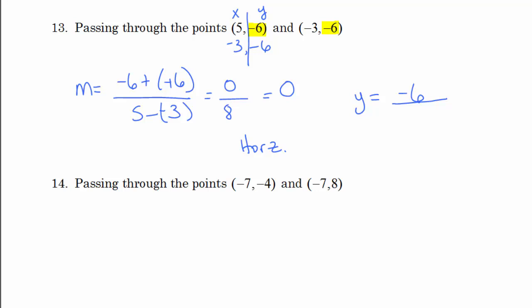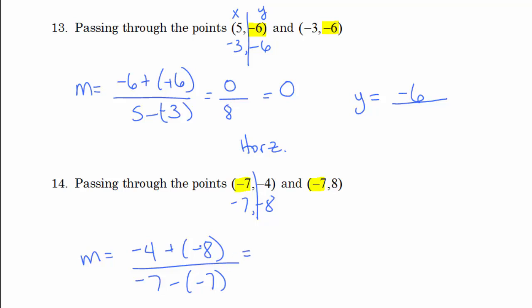Look at number 14. What's the same here? The x's. Do you remember about the x's? Well, let's pretend you don't remember. And I put them underneath each other. And I try to find the slope. Let's see.